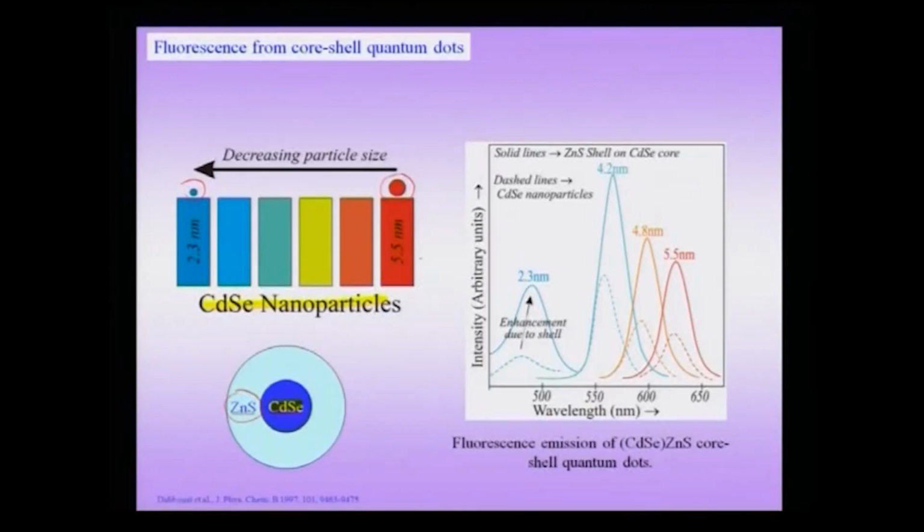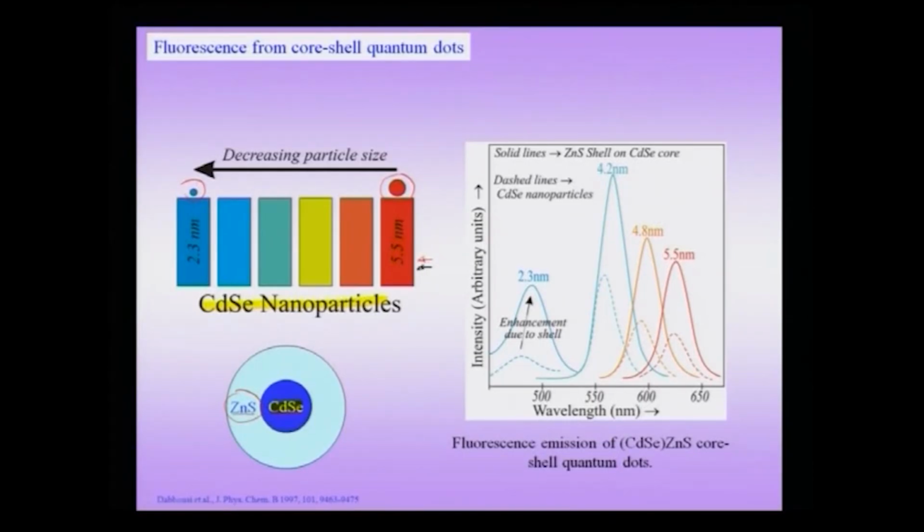And the most beautiful characteristic signature of this change in size is the change in color of the colloid. This is cited usually as one of the beautiful properties emerging in nanostructures, one of the typical or outstanding examples given. Here I have schematically shown the change in color: when we have 5.5 nanometer particles on the left hand side, you notice that you have photo emission in the red region of the spectrum.